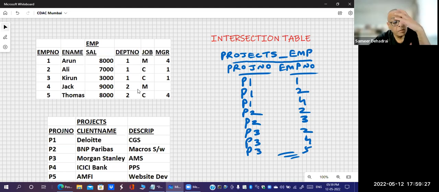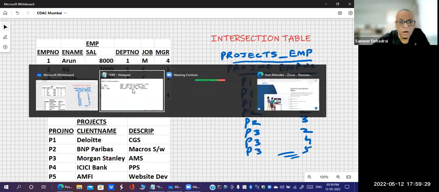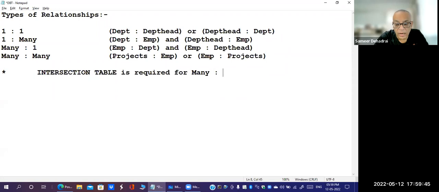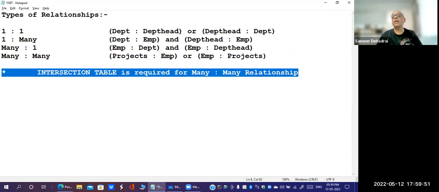So we can note down one point: if I'm dealing with a many to many relationship, an intersection table is required. Intersection table is required for many to many relationship.